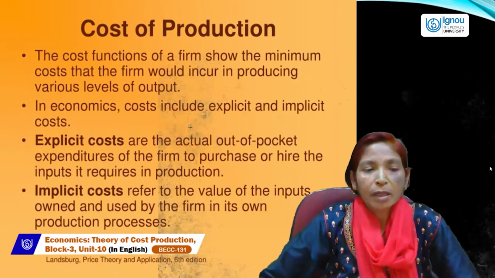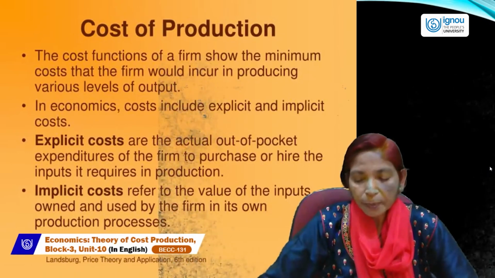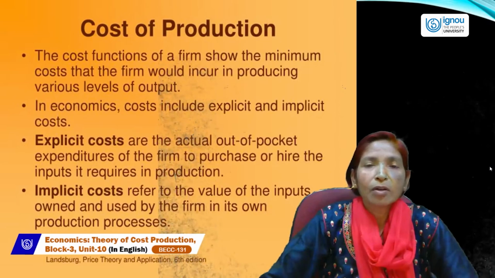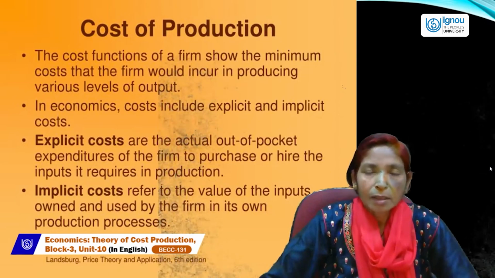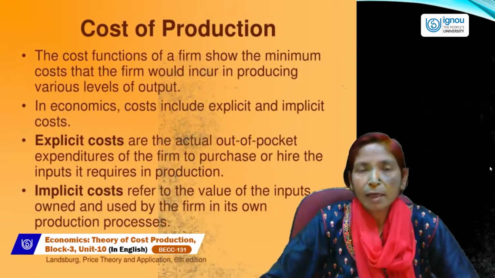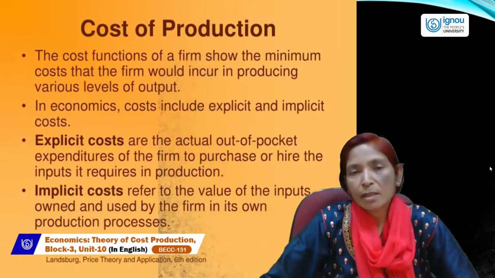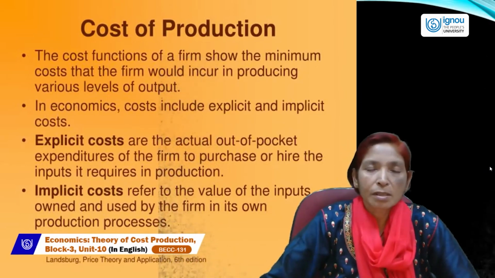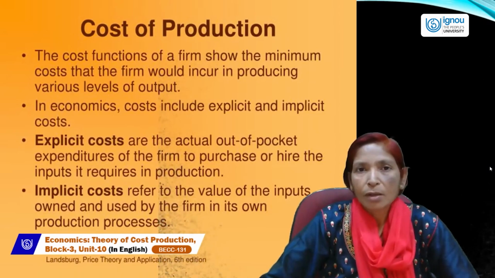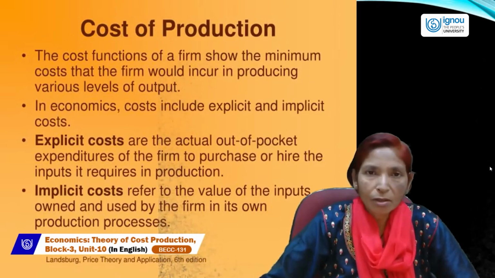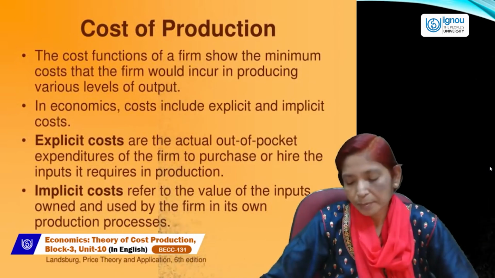So that is called implicit cost. Implicit cost is indirect cost and explicit cost is direct cost. Direct cost means if you hire land, then you must pay rent. If you hire workers, then you must pay wages. If you take borrowings, then you must pay interest. That is called explicit cost or direct cost.